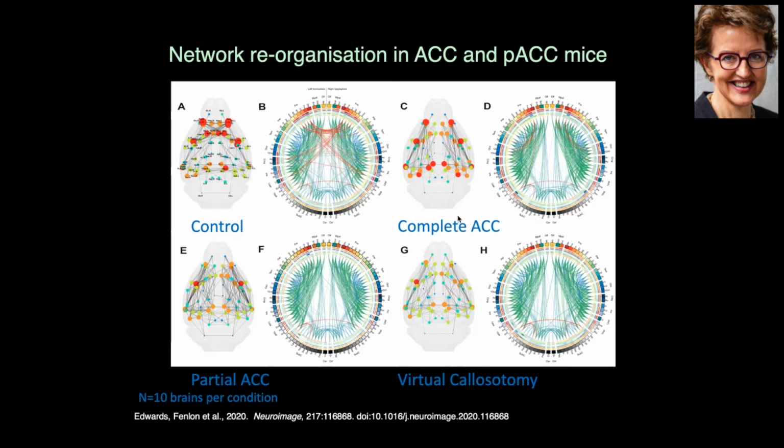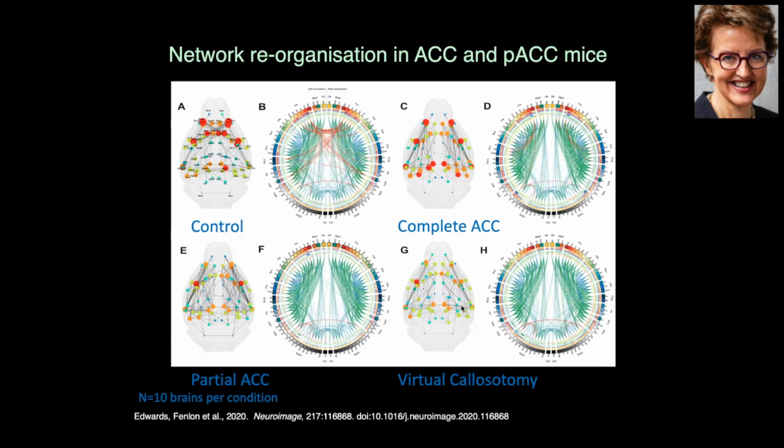And what you can see here, again, the size of the nodes is proportional to the amount of connectivity coming into or out of the node. And so this is the control, the animal with complete, partial, and then this is a virtual callosotomy where he's just removed the tracts that are crossing the midline.